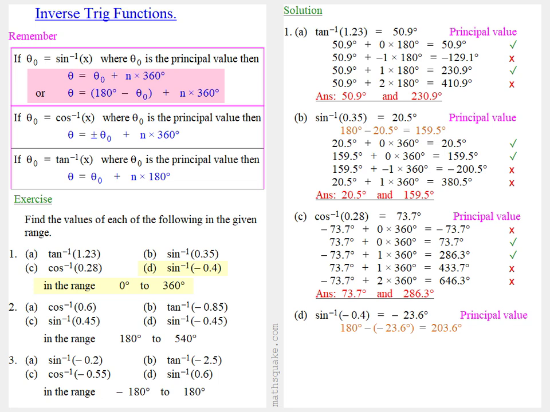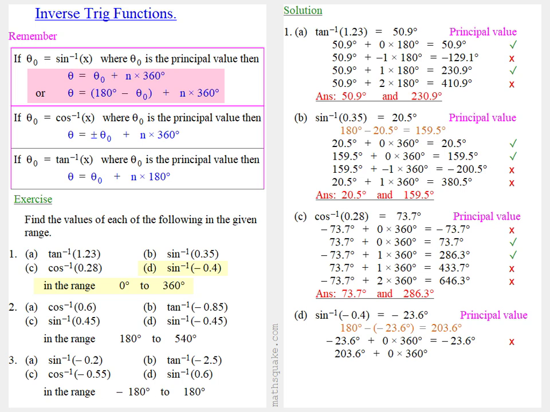So the general solution is the principal value plus n times 360 degrees, or our other value plus n times 360 degrees. So we have minus 23.6 degrees plus 0 times 360 is minus 23.6, which is below 0 and so not in the region.